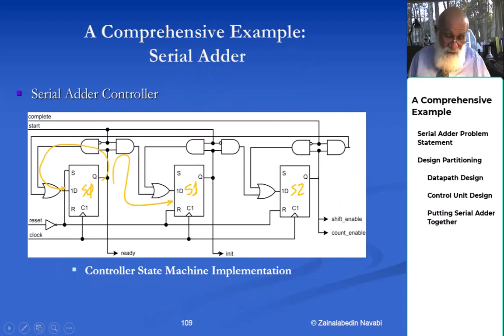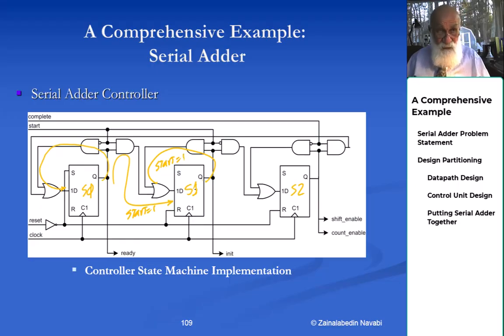Wait in state 1 for as long as the start is 1, that means don't go forward, wait for it to become 0, then it starts counting. And therefore this is start equal to 1, and again start equal to 1, keeps looping back.